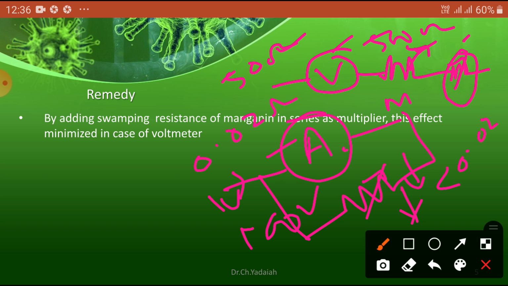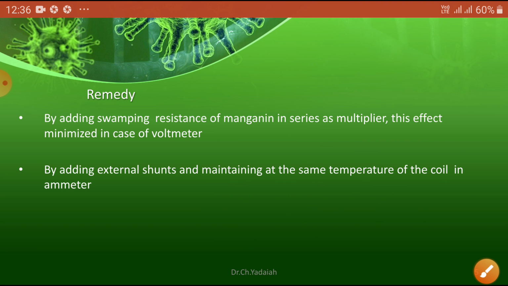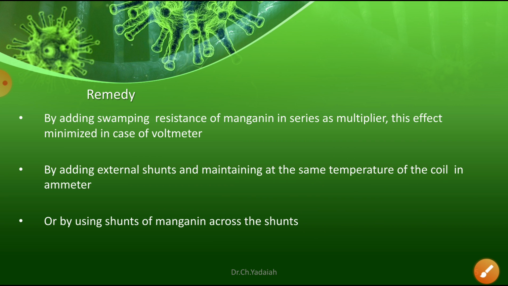So in ammeters we connect the shunt, and in voltmeters we connect the multiplier or series resistance with the swamping resistance. These are the two methods generally employed in our instruments: a manganese swamping resistance in series with voltmeters, and manganese shunts in ammeters.